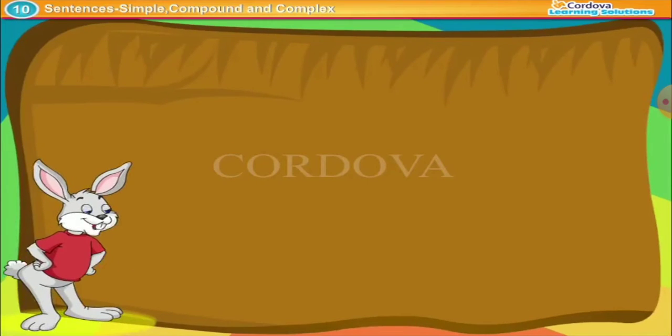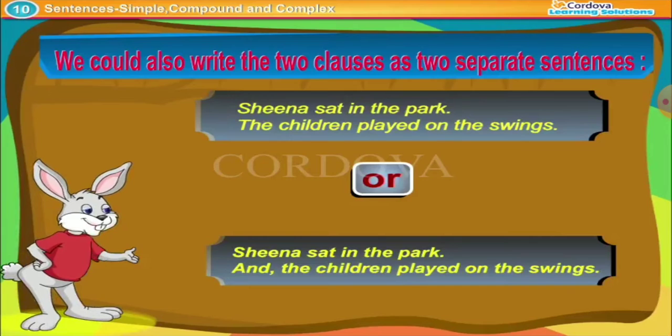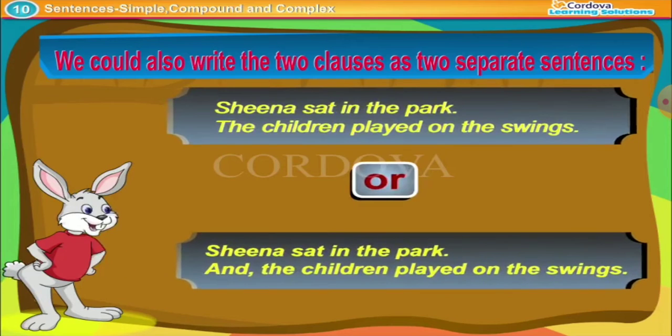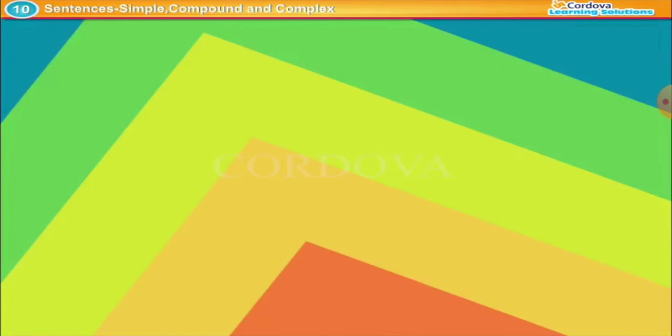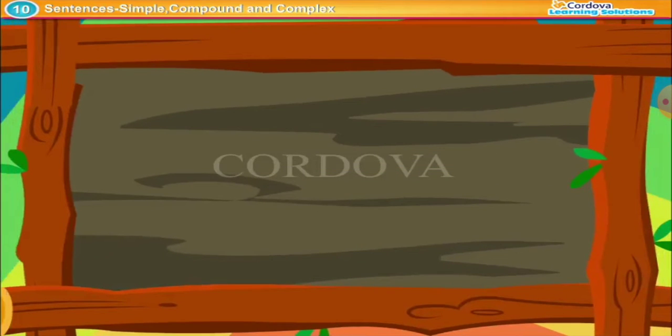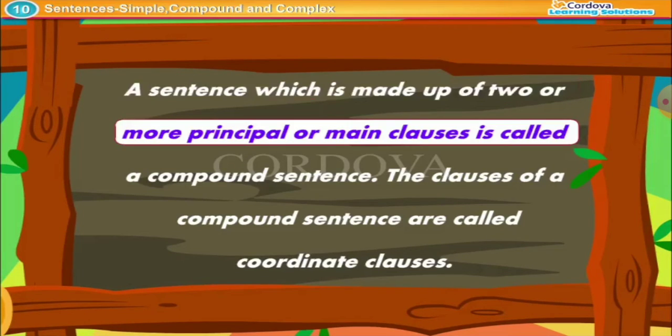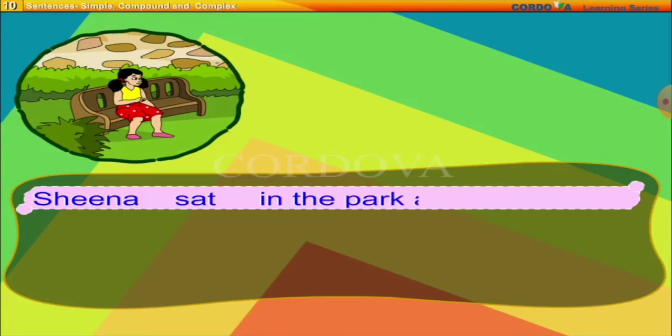We could also write the two clauses as two separate sentences. Sheena sat in the park. The children played on the swings. Or, Sheena sat in the park and the children played on the swings. A sentence which is made up of two or more principal or main clauses is called a compound sentence.